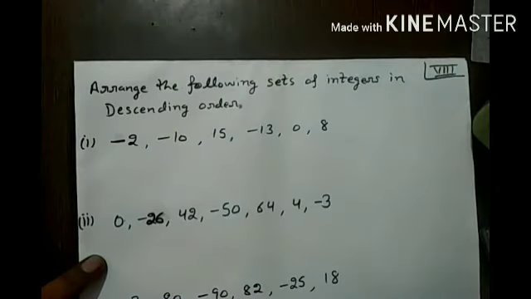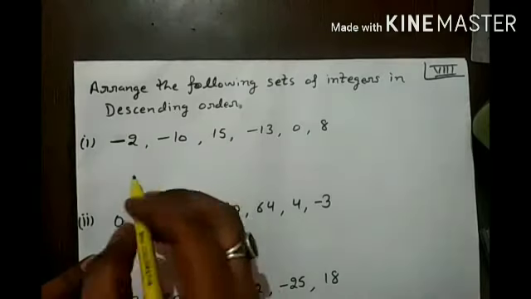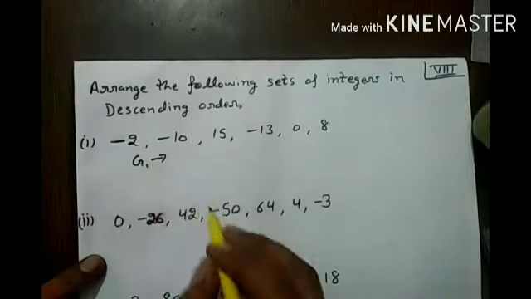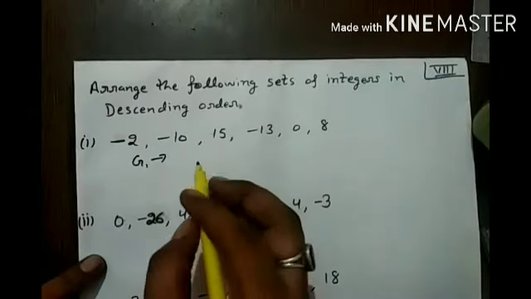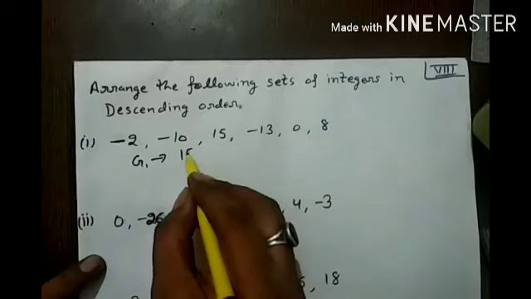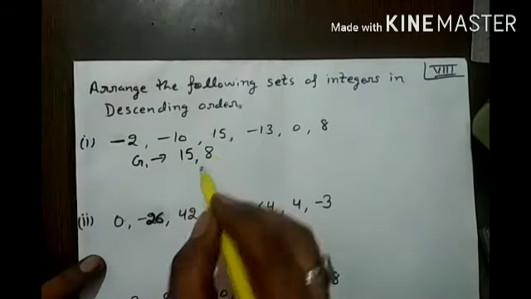So firstly, to deal with this type of question, we will group positive integers and negative integers separately. So firstly, I have to write the group of positive numbers. The positive numbers in group 1 are 15 and 18.